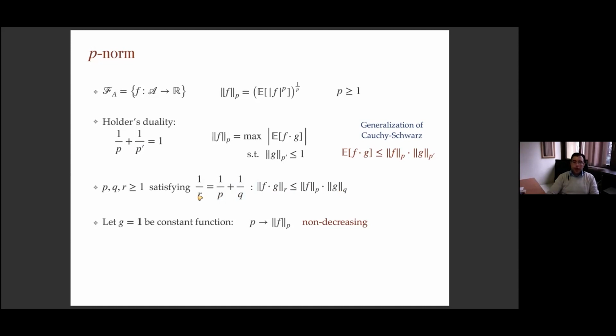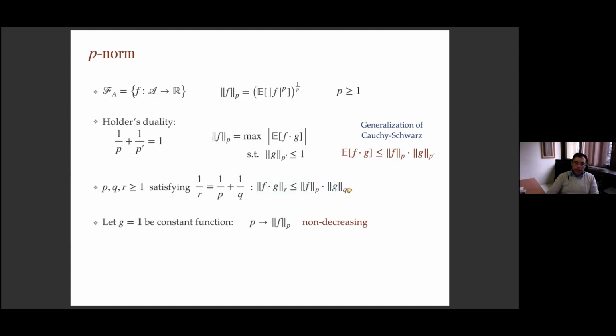The one norm is essentially the expectation of the absolute value. Given this equality, proving this is not hard. It's by just replacing f with f to the power of r and g with g to the power of r, putting this in the earlier inequality, and then you realize that this inequality also holds.